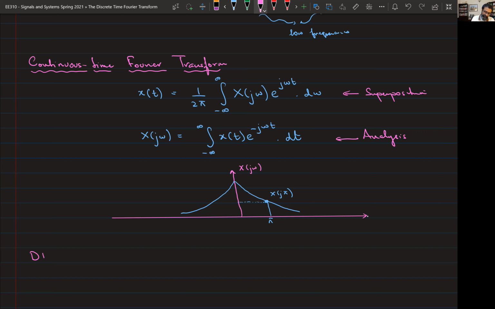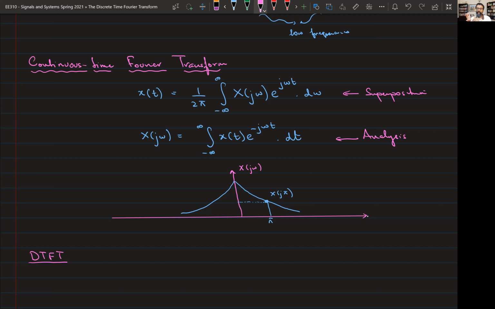And the way we went about deriving the continuous time Fourier transform, remember, was by first looking at the Fourier series, and extending those ideas to aperiodic signals by taking T going to infinity and seeing what the Fourier series translates to. A similar thing also applies to the discrete time Fourier transform.